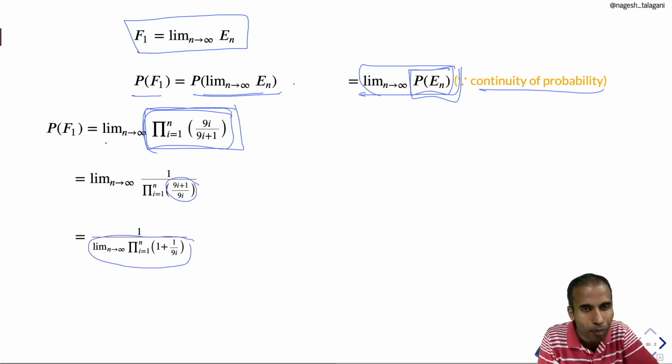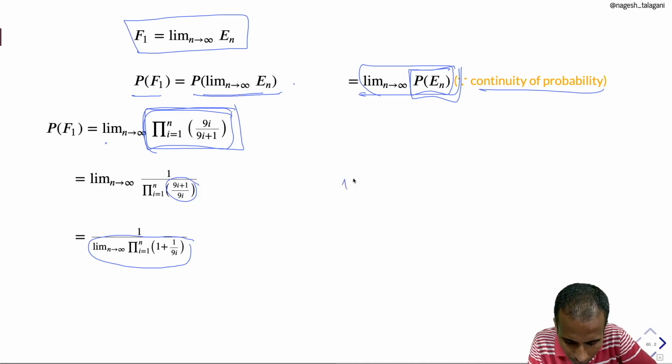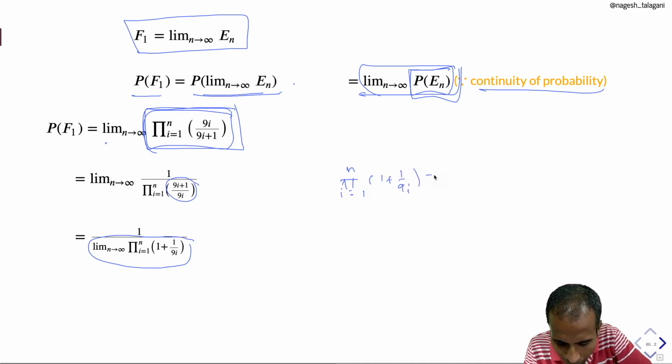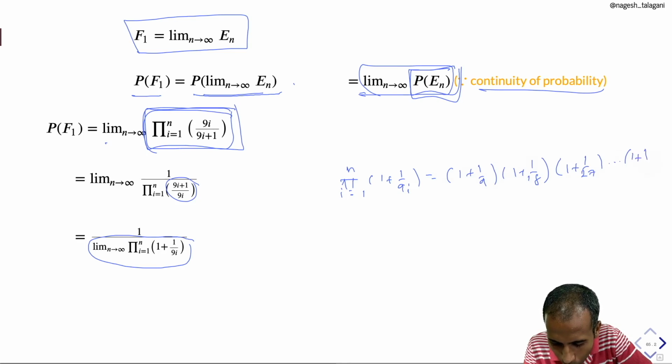Then I can say that the probability of F1 is 0, because the product, i equal to 1 to n, of 1 plus 1 by 9i, which means actually what? 1 plus 1 by 9, into 1 plus 1 by 18, into 1 plus 1 by 27, and so on, 1 plus 1 by 9n.